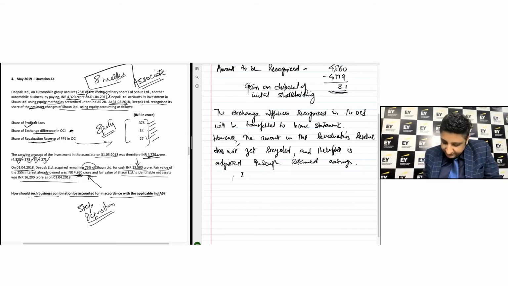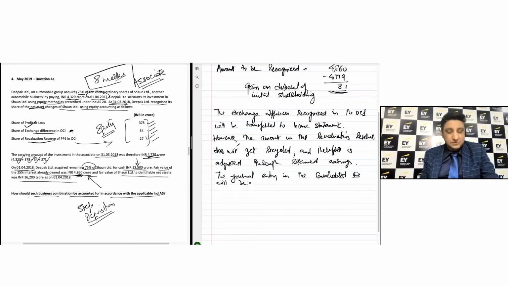The journal entry in the consolidated financial statement will be to of course recognize this business combination. We have debit net assets, which is 16,200, right?